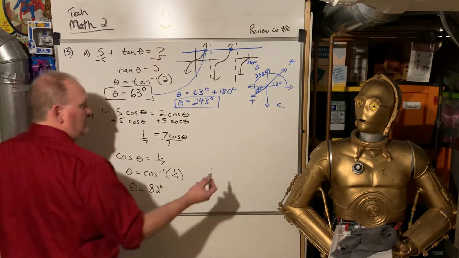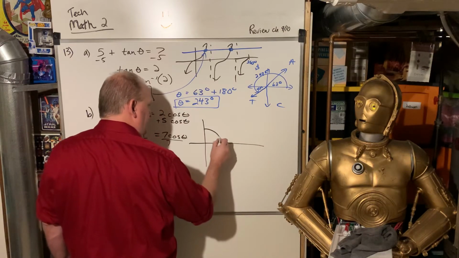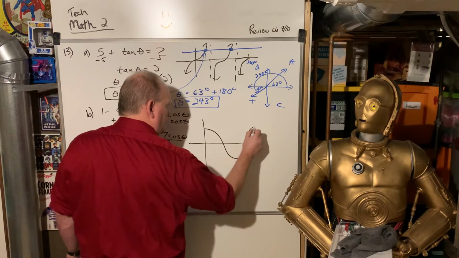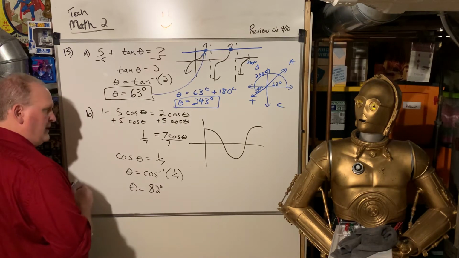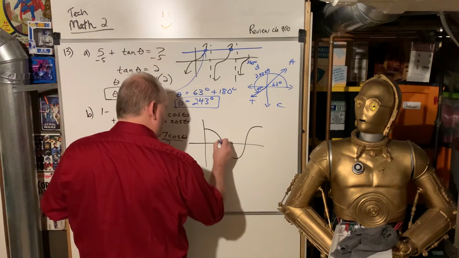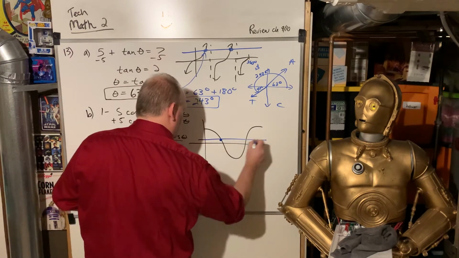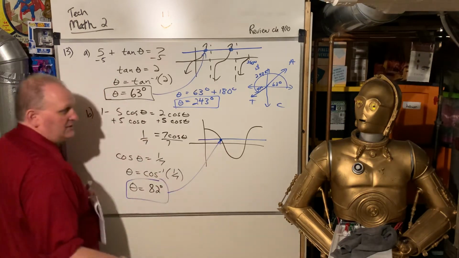All right. And again, if you look at the cosine curve from 0 to 360, it looks like that. And now we have the one is 82 degrees. So we've got this one. That one's 82 degrees.